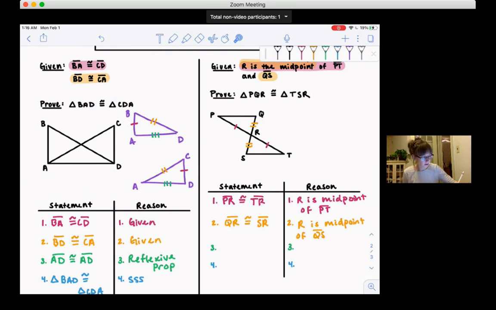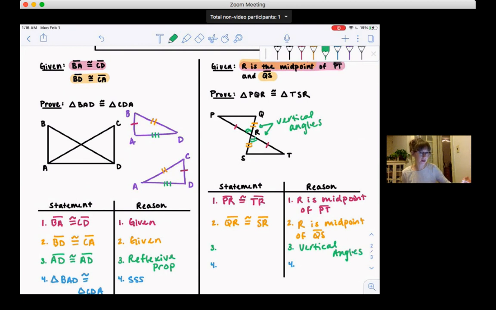We do have a reason, however, why this angle is congruent to that angle, and it's because those are vertical angles, right? And we always know that vertical angles are congruent. Okay, so I'm going to get a match by vertical angles. I know that that's my reason. And now I just need to name those angles.